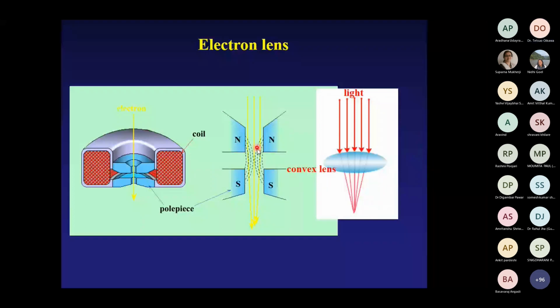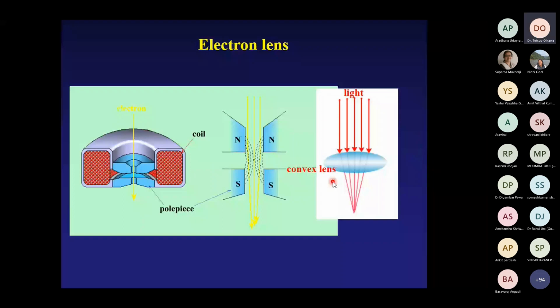Owing to this magnetic flux, the direction changes and the beam is focused after the lens system. This magnetic lens focusing phenomenon is equivalent to the optical convex lens in geometrical optics. So we can consider the magnetic lens for the electron trajectory exactly equivalent to the convex lens for visible light. It's very easy to understand.